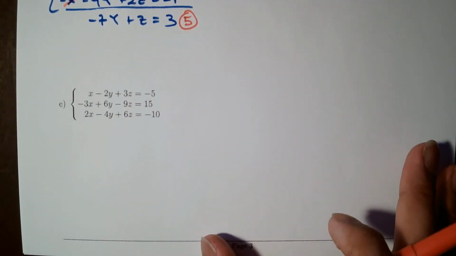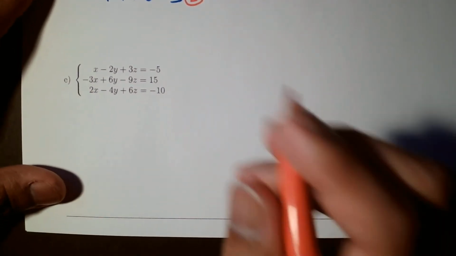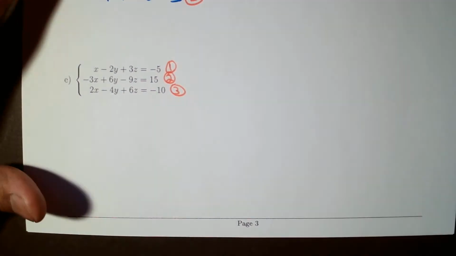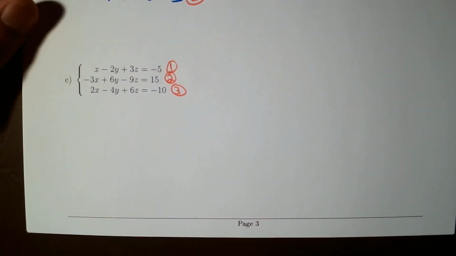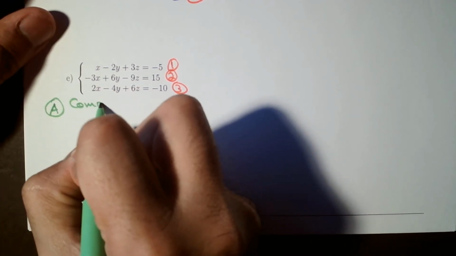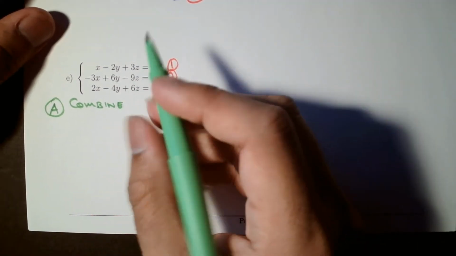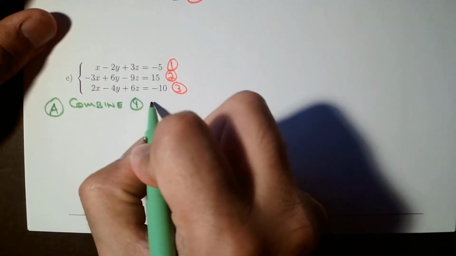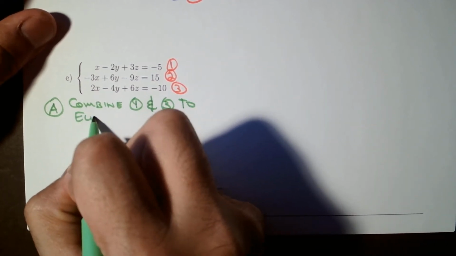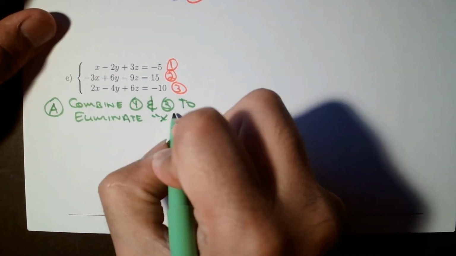Now let's look at another example. Let's label 1, 2, and 3. And what we're going to do here is the following. Part A. Combine 1 and 3 to eliminate x.